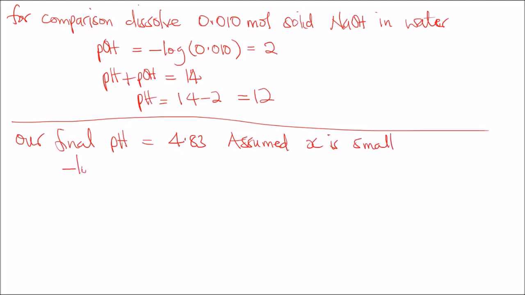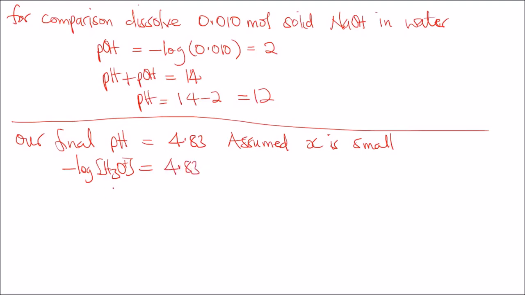But we know that negative log the concentration of H3O plus is equal to the pH, which is 4.83.